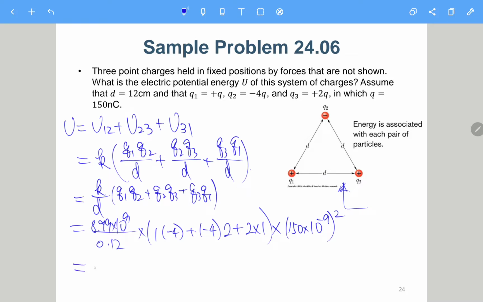So altogether it is negative 1.7 times 10 to the minus 2 joule. Okay, so this is the potential energy stored in this system.